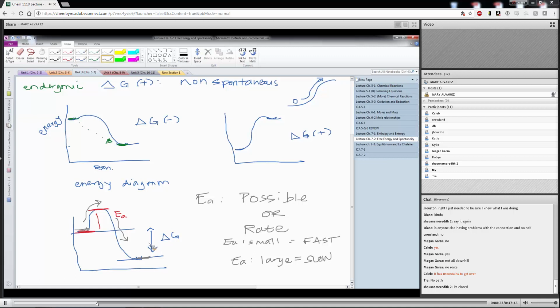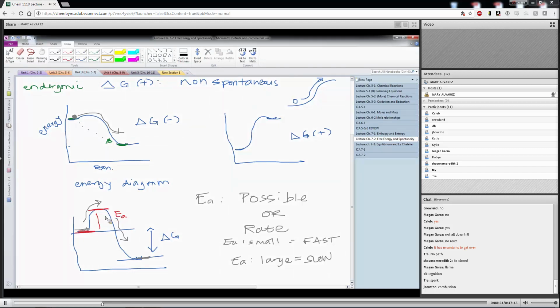So what would it take to activate gasoline to burn? Just a little spark, just a little flame. You don't need to actively be adding flame to it to get it to burn. You just add one spark. This is gasoline because it's exothermic and it has a very small activation energy. You just add a little spark and it just keeps going until it's all burned up.